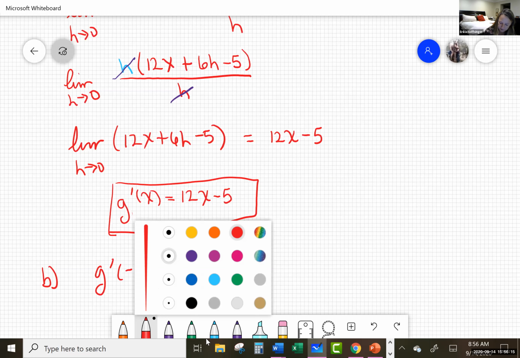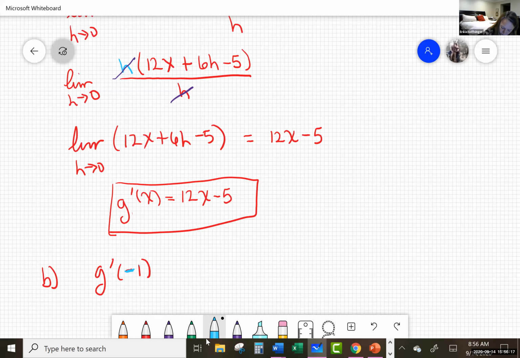So this would equal 12 times -1, minus 5. So this is -12 minus 5, which is -17.